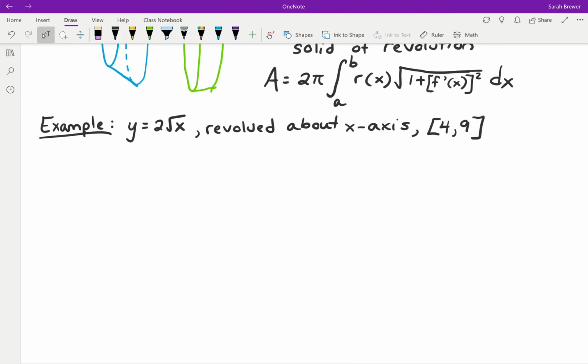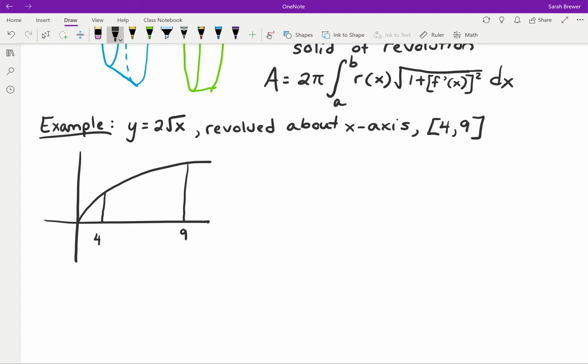So fairly simple function here. So let's do a little sketch just so we can get an idea of what we're looking at. So there's our 2 square root of x function. And if that's 4, and that's 9, well, if I take the square root of 4, I get 2, so that puts me at 4 here. Square root of 9 is 3, so that puts us at 6 here. Again, just to get an idea of what's going on with this function.